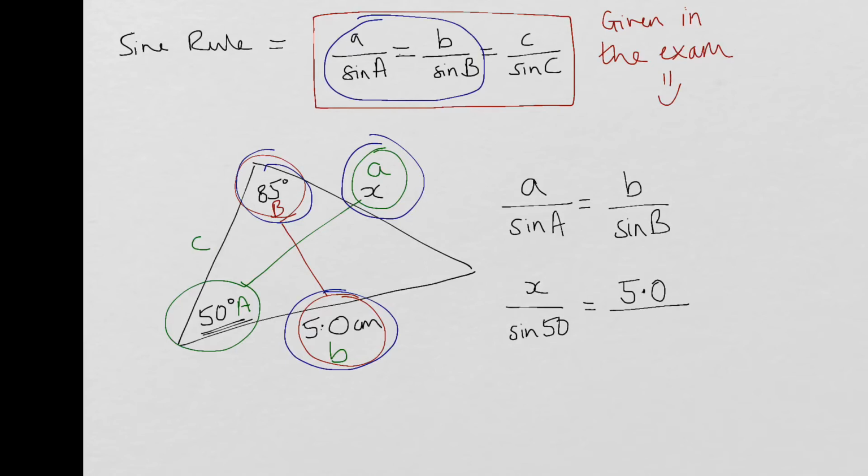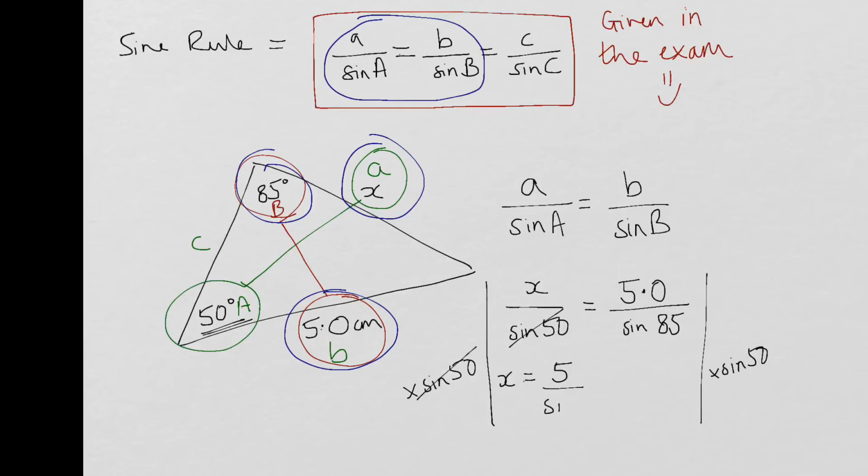And the angle opposite to b is that angle there of 85, so sine of 85. Rearranging this to make x the subject of the equation, I'm going to multiply both sides by sine of 50.